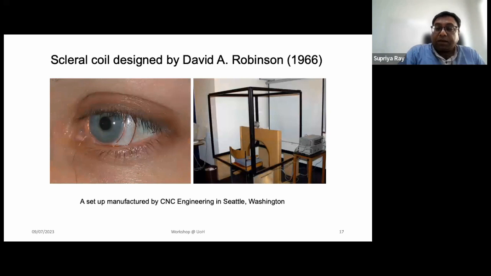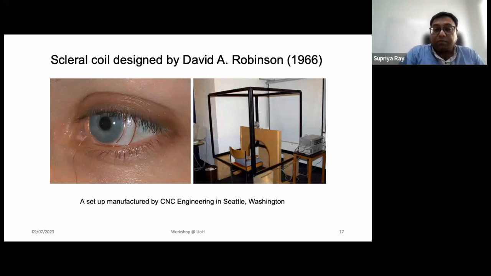Now, different techniques were used to correctly record eye movement, and one of the challenges in recording eye movement is that it's very difficult to keep your subject still for a longer time.